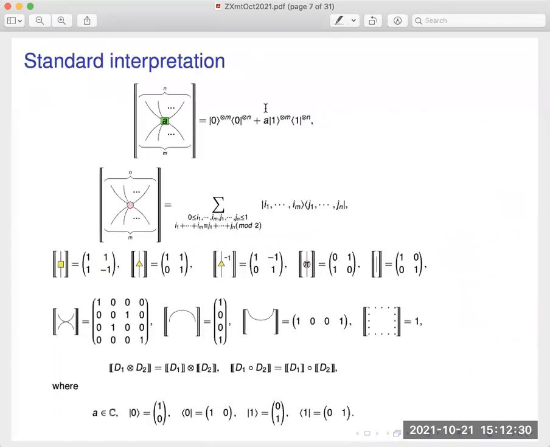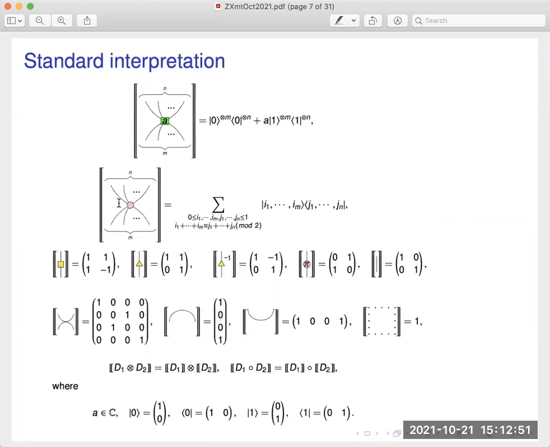So what does it mean? What is the standard interpretation for algebraic ZX diagrams? Here you can see the green spider now labeled by a: you put a here, times a. Before it was just e to the i alpha, now it's just a.